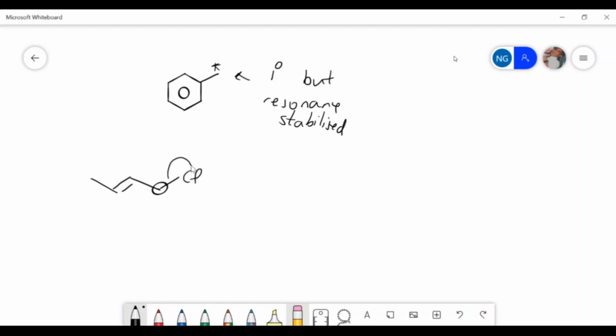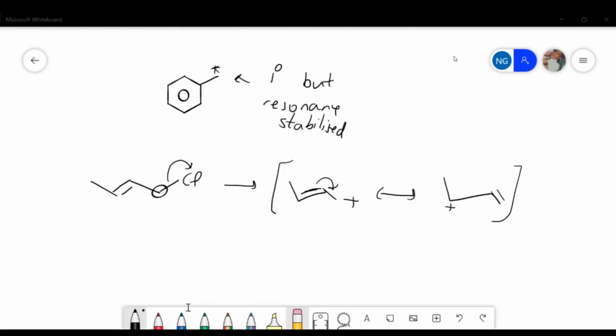This is the first step, and you get something like this. Now, because there's a double bond here, you can have a resonance structure. You can form something like this. And that's exactly why this is more stable than your typical primary carbocation, which is why it undergoes SN1.